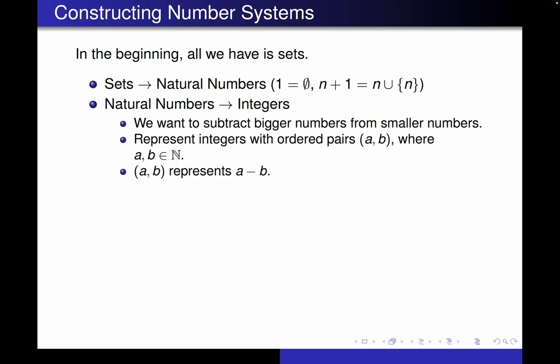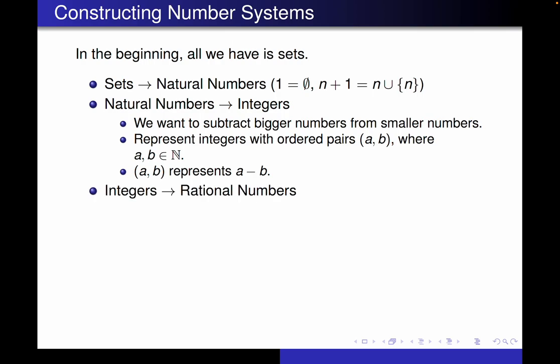And in our minds, conceptually, that ordered pair (a, b) represents the number a minus b. So that, in some sense, allows us to subtract every possible number that we have. Now, we have to build some technical details on top of that to make sure that works, even when we have numbers that aren't natural numbers, but you get the idea.